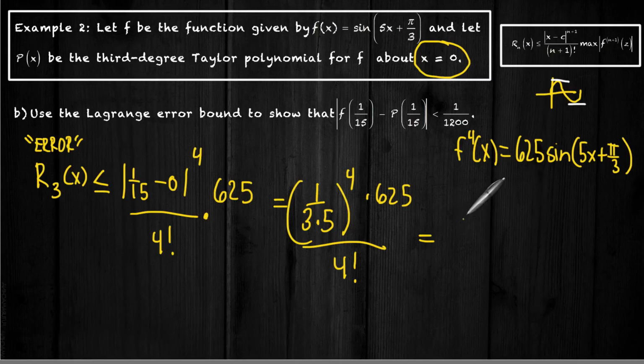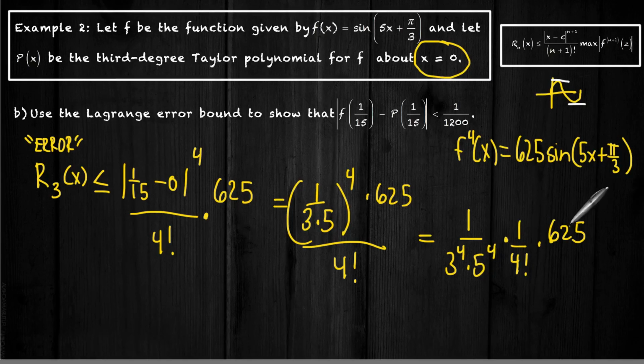So that's going to be 1 over 3 to the 4th times 5 to the 4th. And dividing by 4 factorial is the same as multiplying by 1 over 4 factorial. And that's going to be times 625. And then we will recognize that 5 to the 4th is 625. So if we have to write that out, that's fine. 5 times 5 is 25, times another 5 is 125, times another 5 is 625.